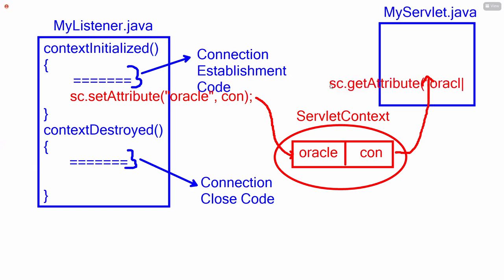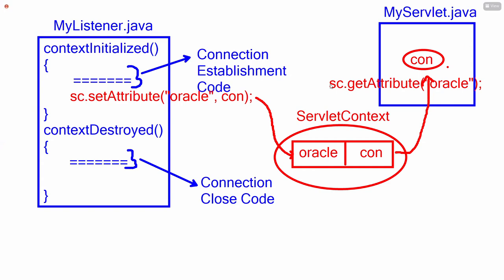Oracle I'll pass, and you'll get a connection. With this connection I'll access my database. Later I'll release it. Again the object is placed here, and that object can be used by other servlets also.